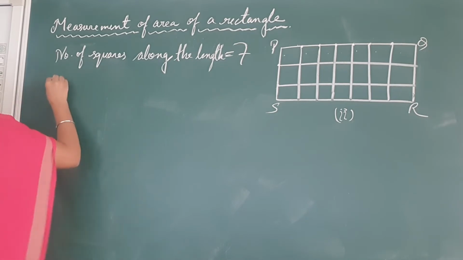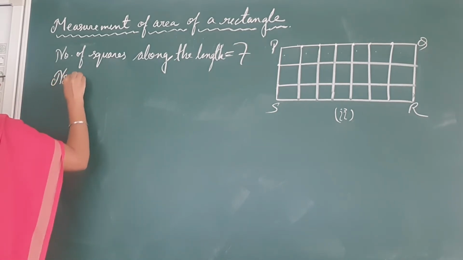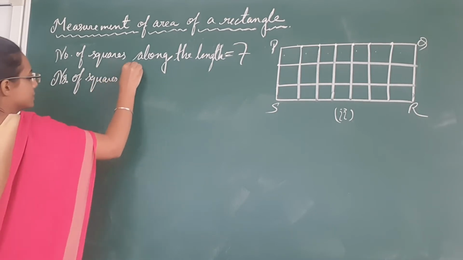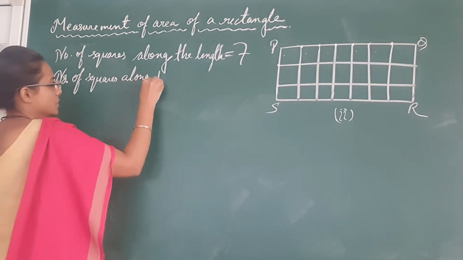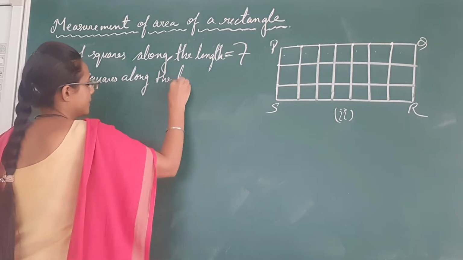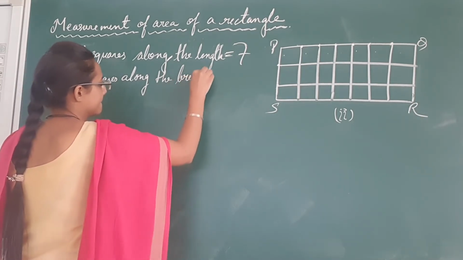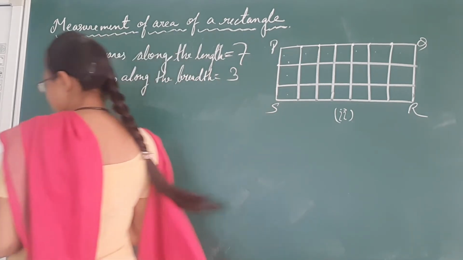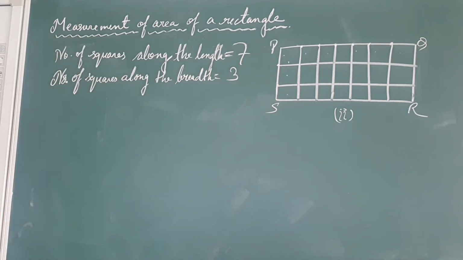Then the number of squares along the breadth is equal to 1, 2, 3. 3 are there.